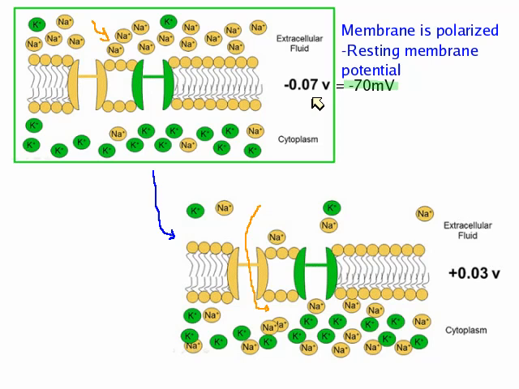Now, what we have is more positive ions inside than what we have outside. And that is clearly denoted by the change in voltage.